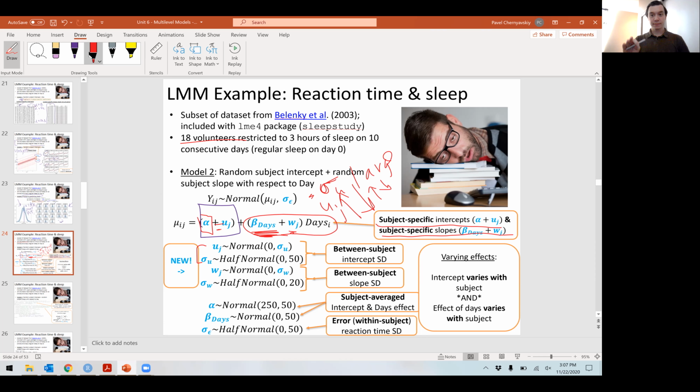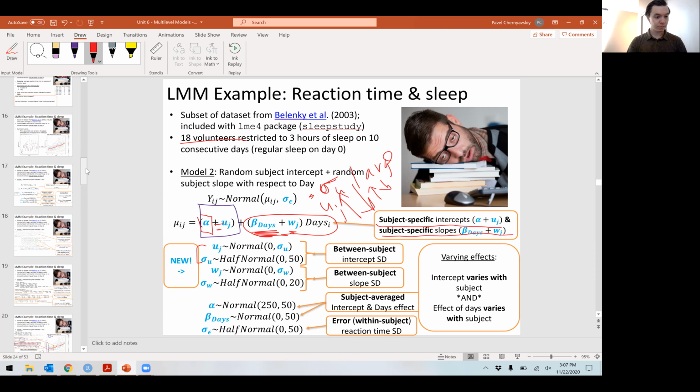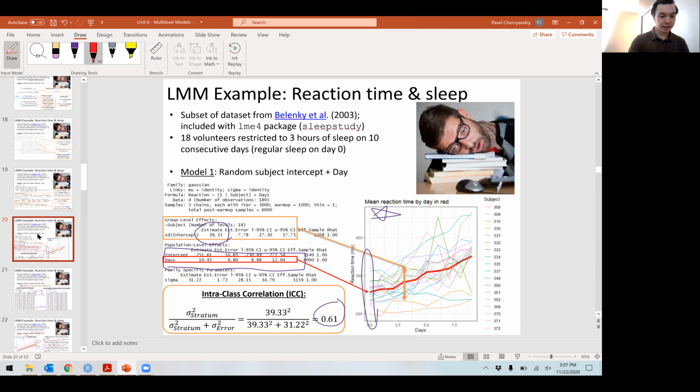And of course, if you look back at the equation for the interclass correlation, right there, this is sigma u squared, right? The larger the sigma u, holding all else constant, the larger the interclass correlation, the greater the need to account for this clustering due to stratum, clustering due to subject in this case.